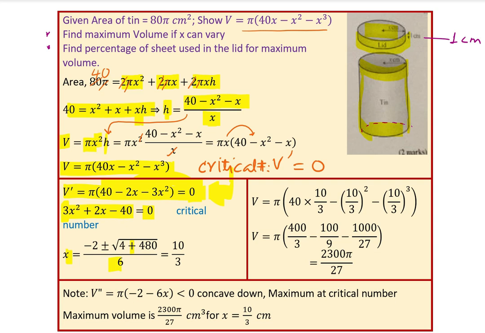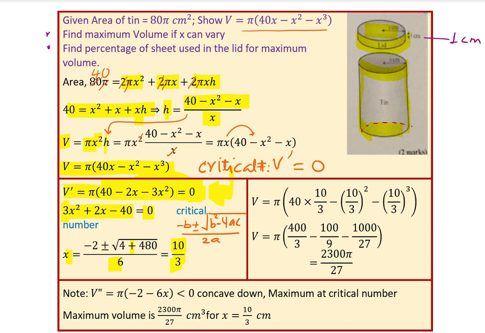So we use the quadratic formula here, which you know is minus b plus or minus the square root of b squared minus 4ac, correct? Over 2a, right? So we utilize this particular formula, and that comes out to a very nice value, 10 over 3, right? So the x value is 10 over 3. That is the critical number.